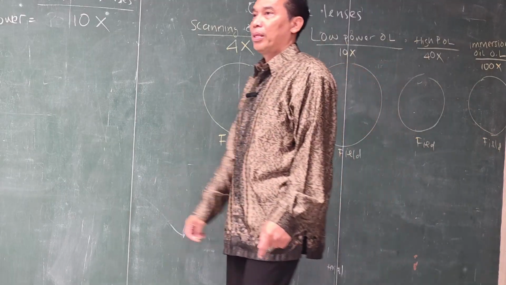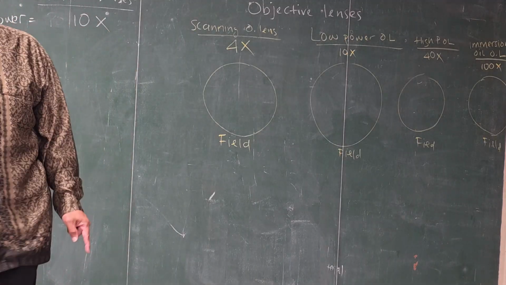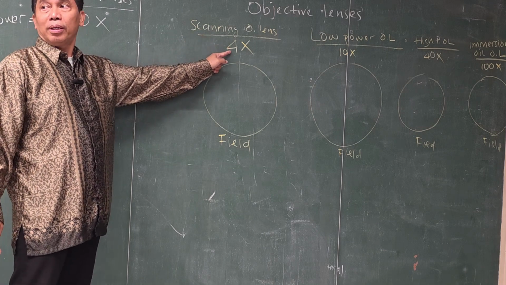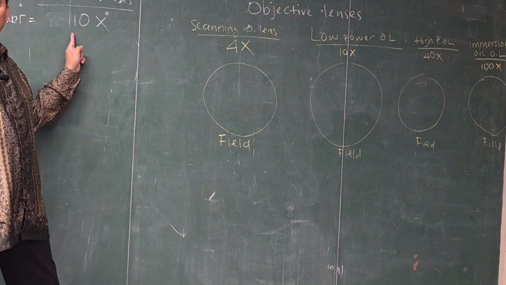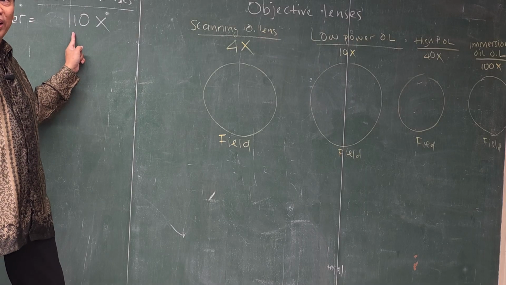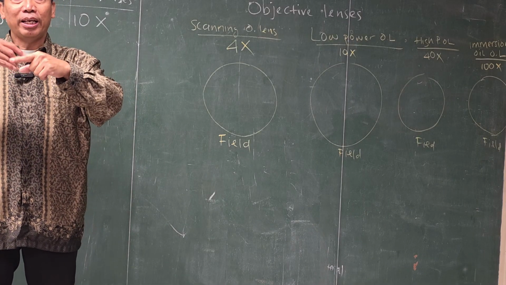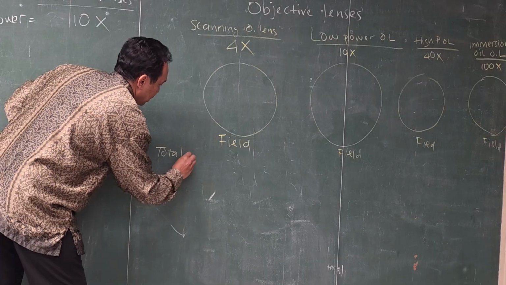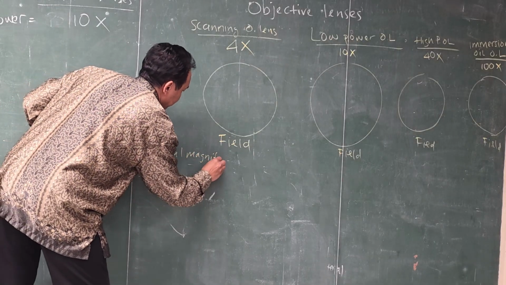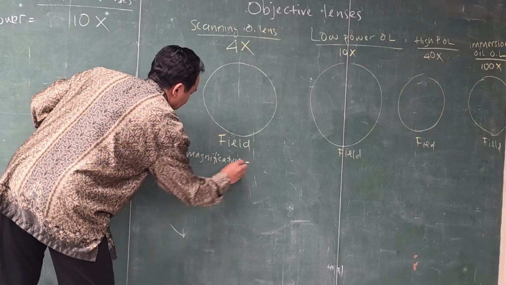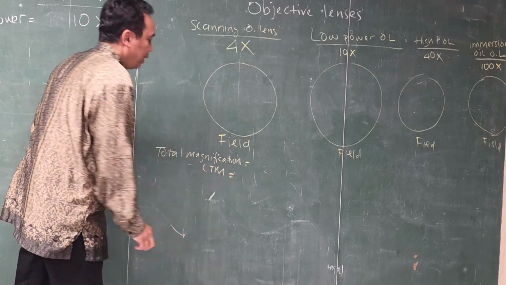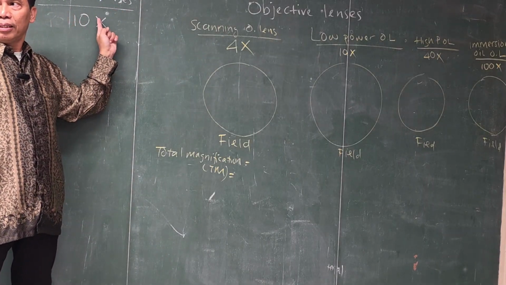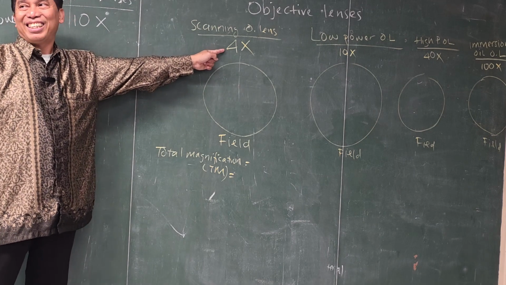Now, when you see the object using the scanning lens, remember, the scanning lens has 4 power. The ocular lens has 10 power. You will see the objects at the total magnification, what we call the TM, or total magnification, which is the multiplication of the power of the ocular lens with the power of the scanning lens.